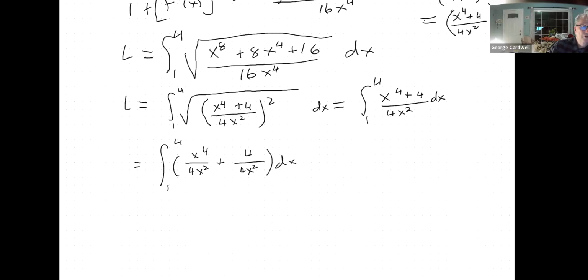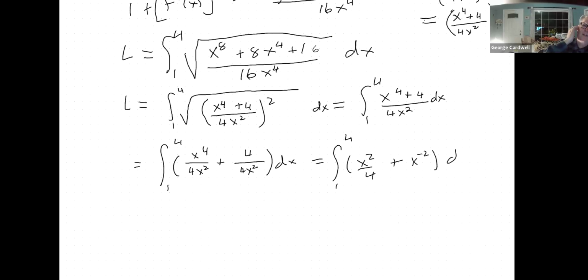Well, x^4 over x squared is x squared, so this now becomes x squared over 4, just because the x^4 canceled the x squared, leaving an x squared. And then I got 4 over 4x squared, so the 4 cancels, I get 1 over x squared, and 1 over x squared is the same thing as x to the minus 2.